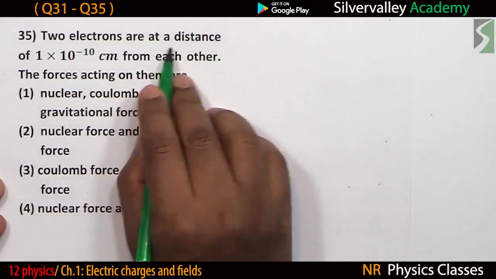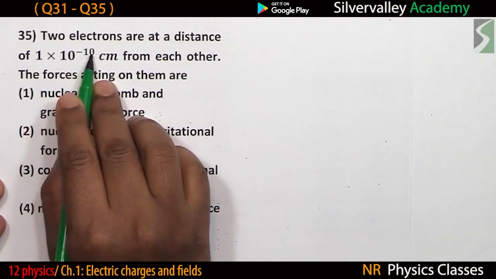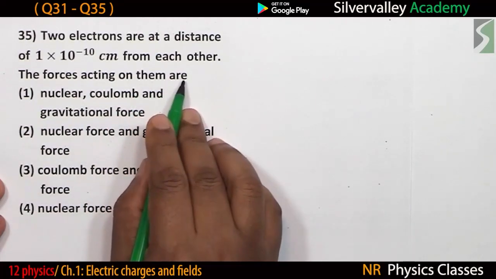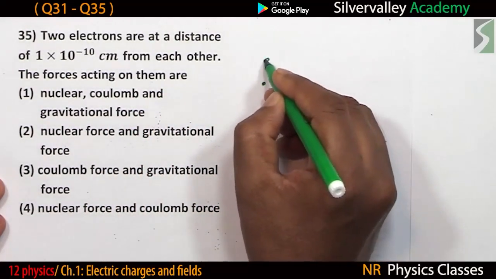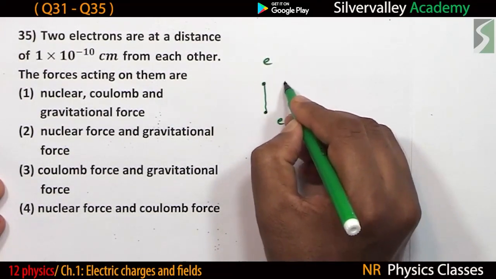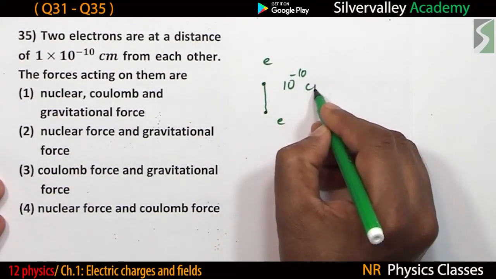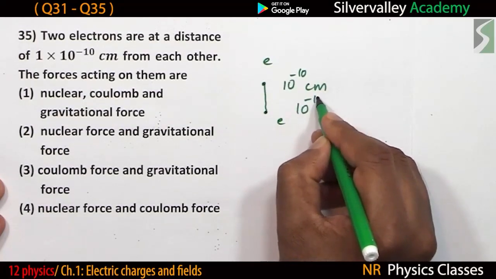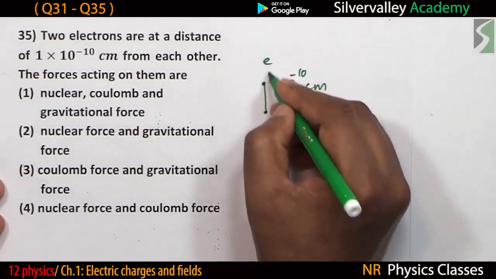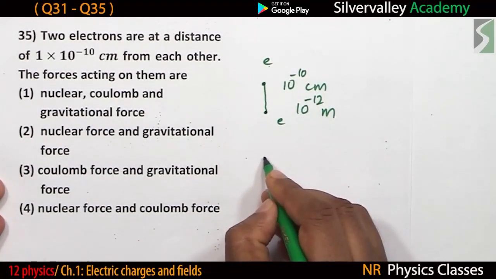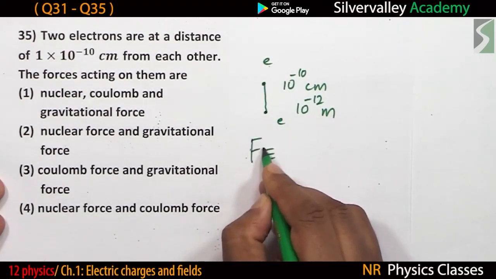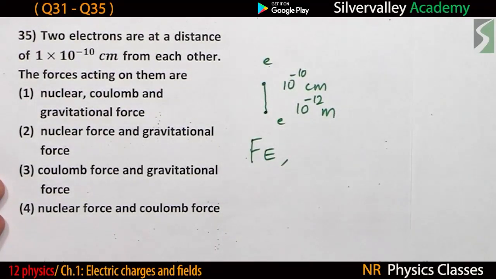Two electrons are at a distance 10 power minus 10 centimeter from each other. What are the forces acting on them? This is an electron, this is one more electron, and the distance between these two is 10 power minus 10 centimeter, which is 10 power minus 12 meter. These two are charges, therefore there is electrostatic force due to the electric field.